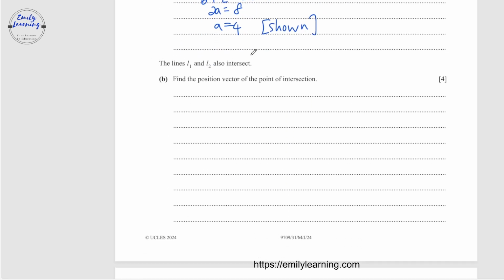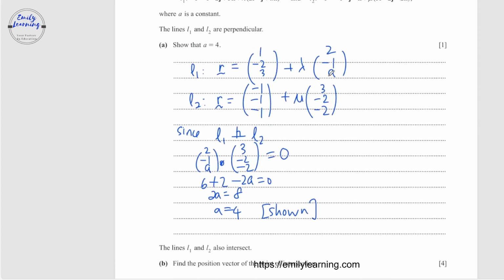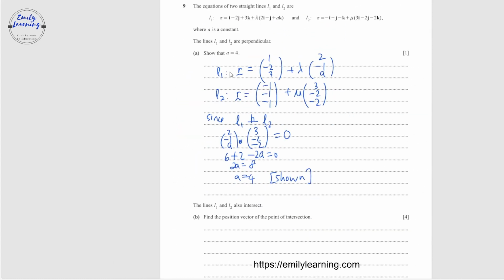Next, they say L1 and L2 also intersect. Find the position vector of the point of intersection. So if they intersect, that means I can equate this to this. Okay, so when L1 and L2 intersect, let me write A. A is now 4, right?